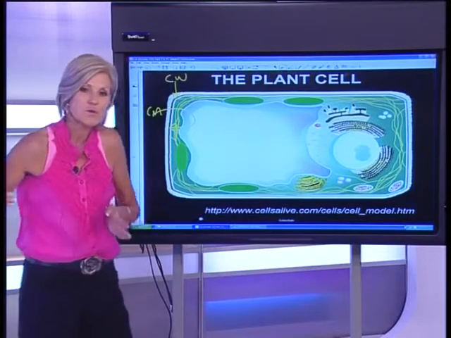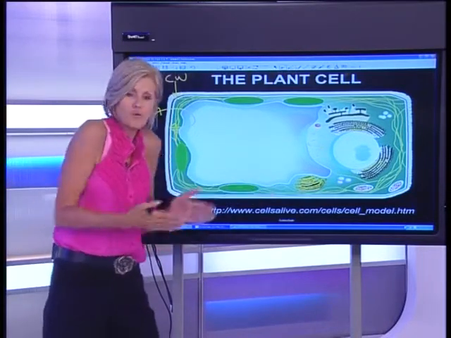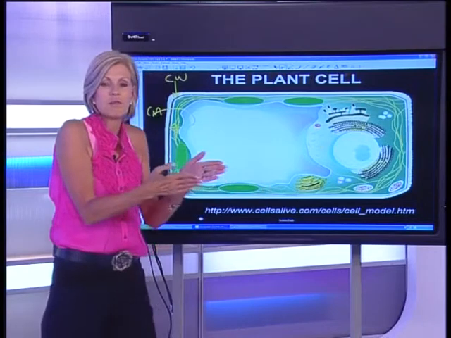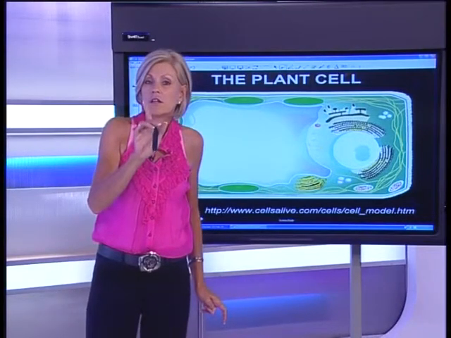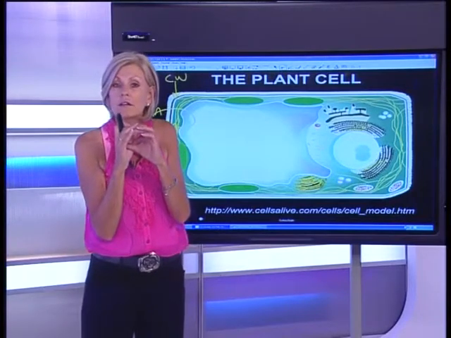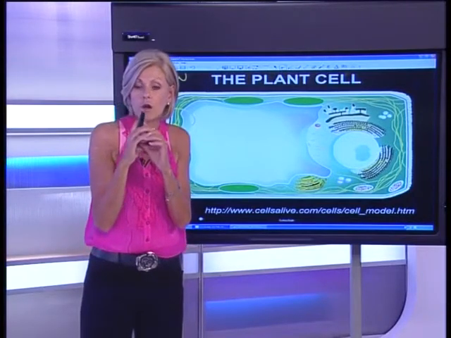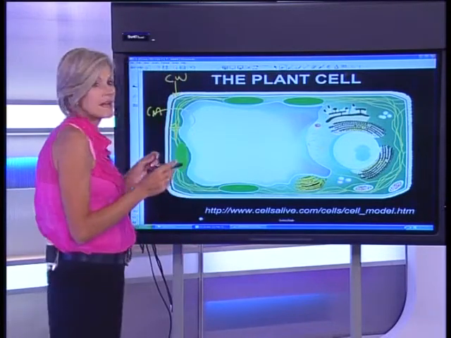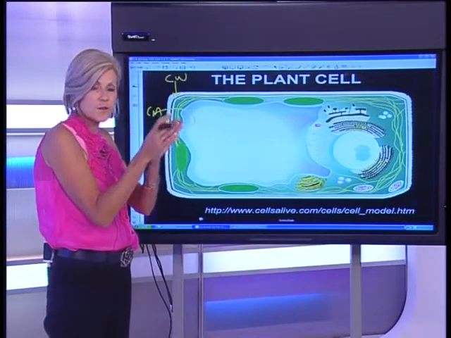So substances go through the cell wall, and then the cell membrane says, you have to be small enough to fit through our little holes here. Okay, and those little holes are created by those protein channels, all right, and in between the phospholipids.